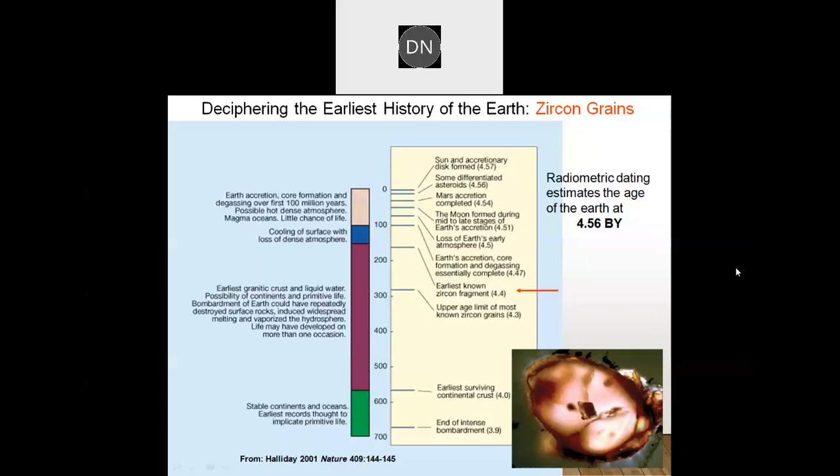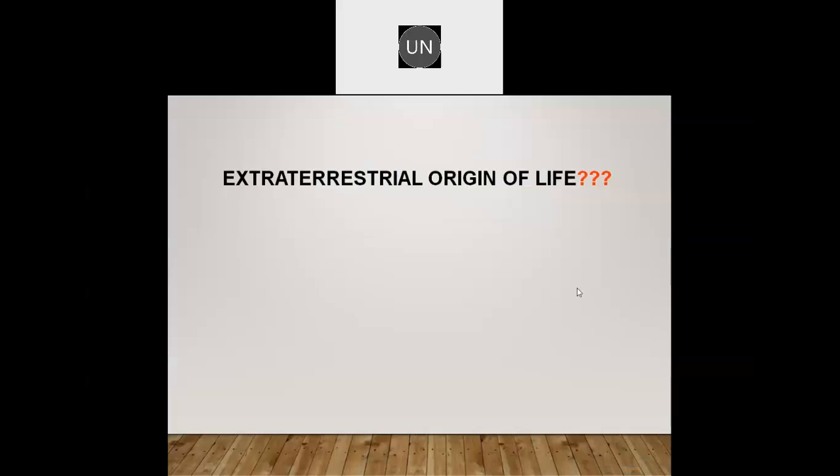Chemical reactions, gas reactions, and then such types of zircon grains. And here is the evolution to accretion disk, to some differentiated asteroid, Mars accretion, moon formation, till the end of intense bombardment.